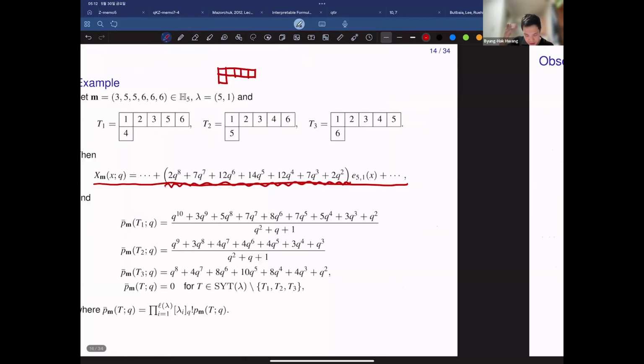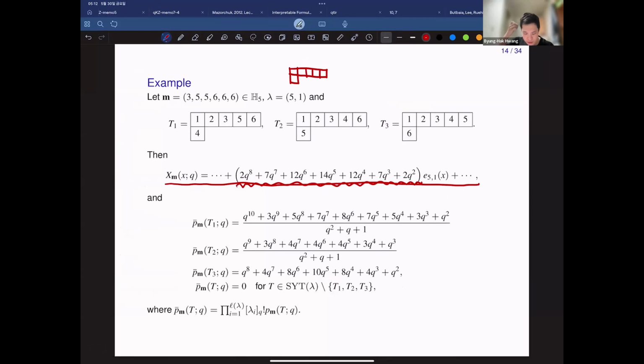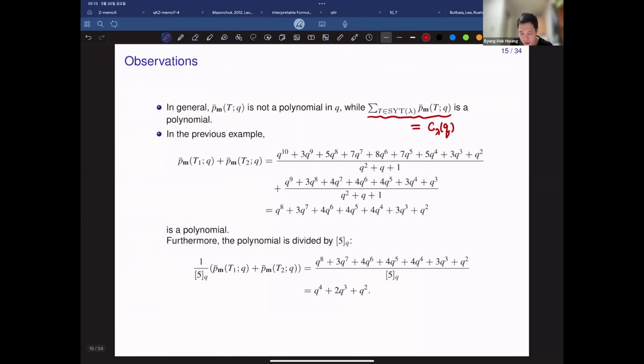But let's look at the first two tableaux. If you check, P bar of T1 plus P bar of T2 is a polynomial. It is not very difficult, and you have these polynomials.